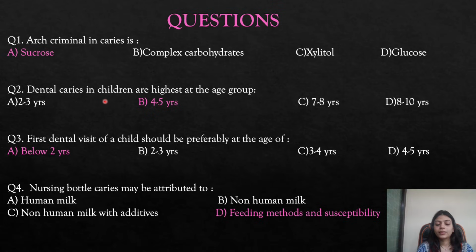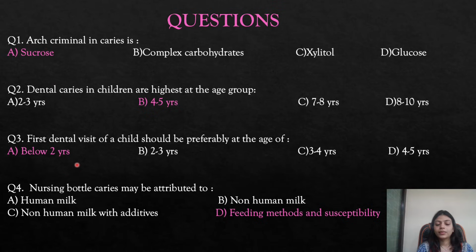Options: A, 2 to 3 years, B, 4 to 5 years, C, 7 to 8 years, and D, 8 to 10 years. So the best possible answer over here is 4 to 5 years, because that is the second window of infectivity, if you remember, during the age when the first permanent molars are about to erupt. And question 3: the first dental visit of a child should preferably be at the age of.